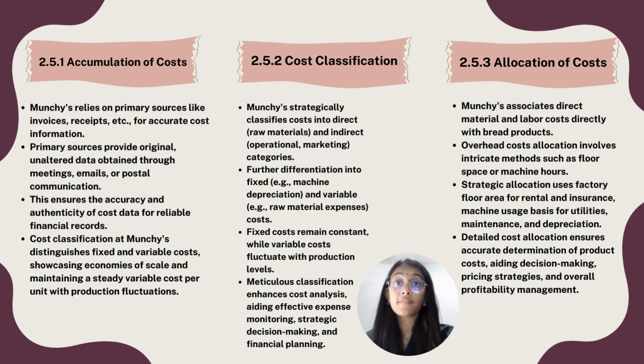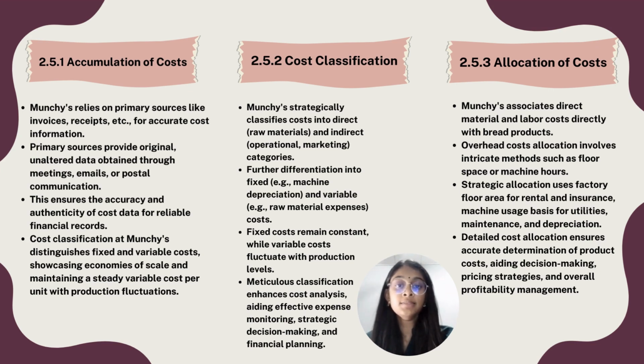Primary cost provides original data obtained through meetings, emails, and postal communication. They ensure the accuracy and authority of cost data for reliable financial records. Munchy's has fixed and variable costs, showcasing economies of scale and maintaining a steady variable cost per unit within a production function.